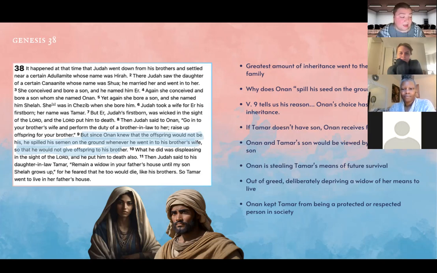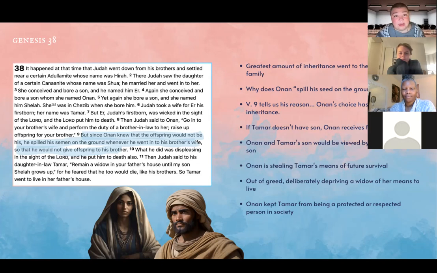But Onan instead spills his semen onto the ground. Why? Well, verse 9 tells us the reason. "But since Onan knew that the offspring would not be his, he spilled the semen on the ground whenever he went into his brother's wife, so that he would not give offspring to his brother."